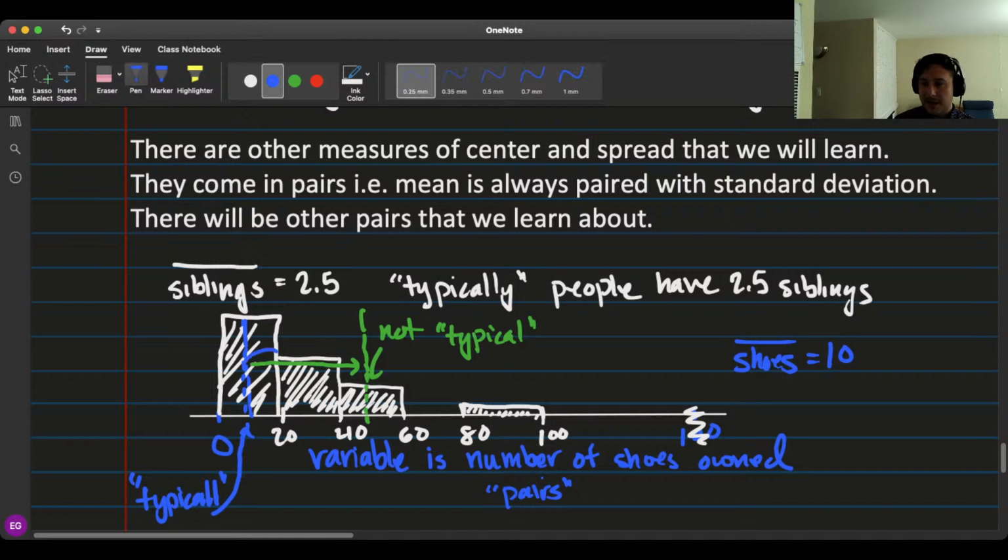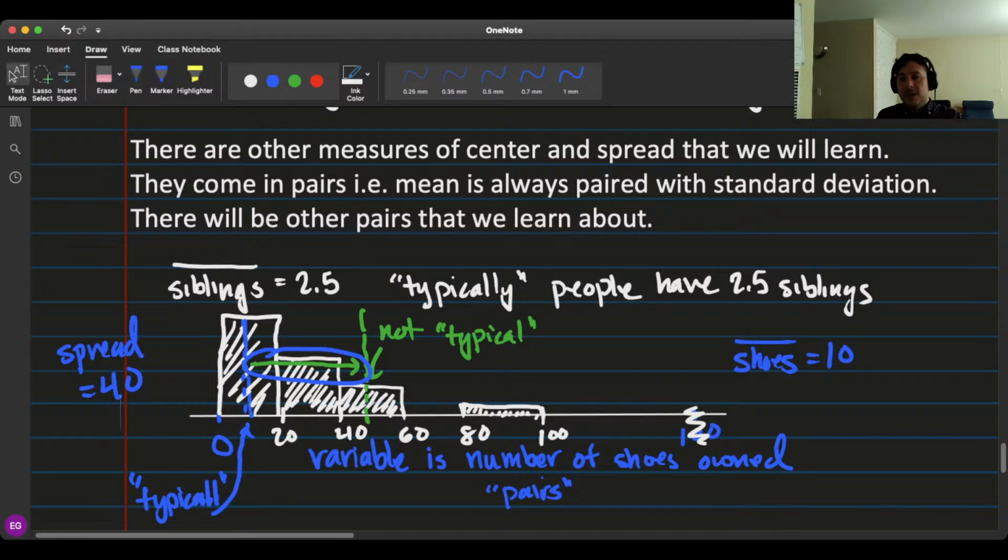So you'd be like, oh, most of the people don't really go past this green line. So typically, they're no more than, say, I drew up to like 50. How far is 10 from 50? I might say the spread is 40. Why?